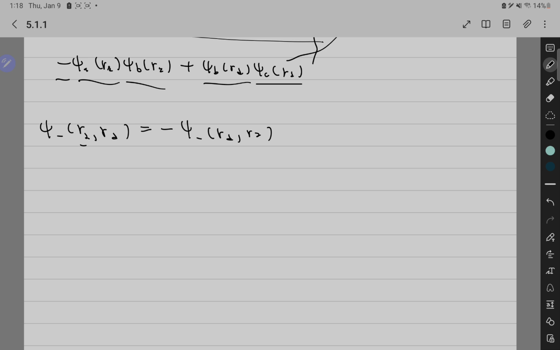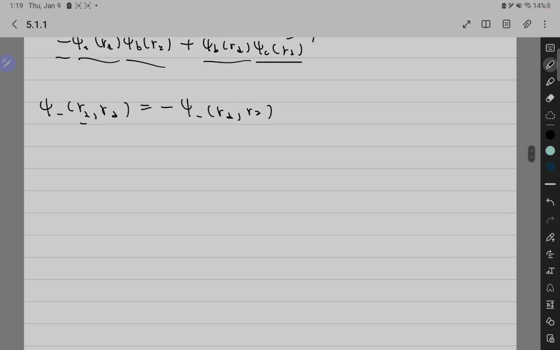A more precise definition would be that two identical fermions cannot occupy the same state rather than two electrons. But electrons are fermions, so that is correct too, just not as precise. So the Pauli exclusion principle tells us that no two identical fermions can occupy the same state.